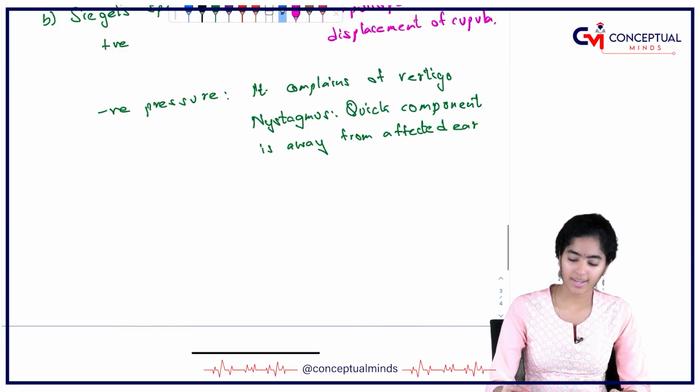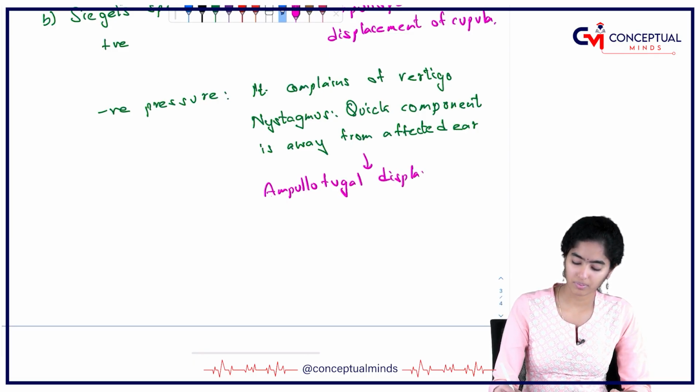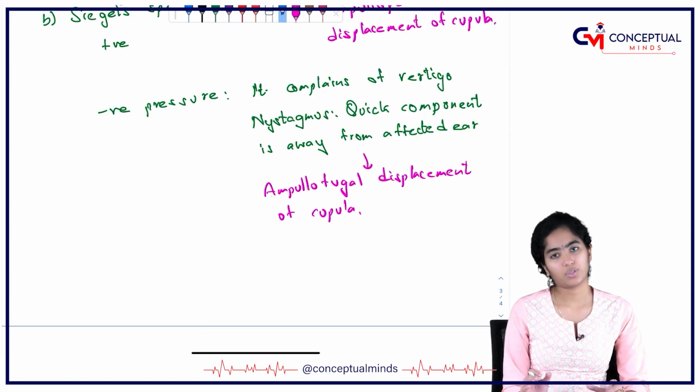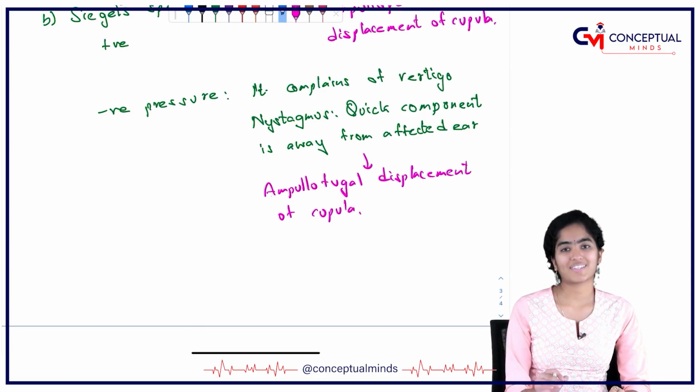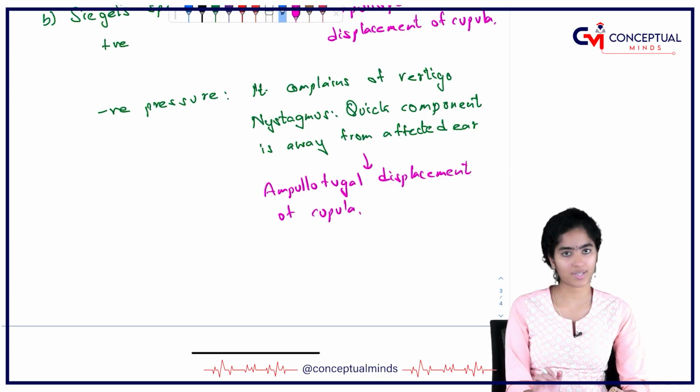What is this called? Ampulofugal displacement of cupula. This is about the fistula test, which is done to diagnose labyrinthitis. What about the hearing of the patient? Hearing is usually within normal limits, or sometimes there could be just mild conductive hearing loss.